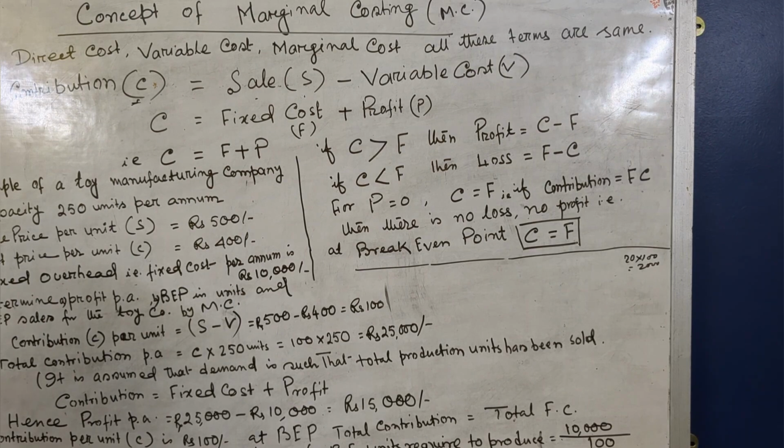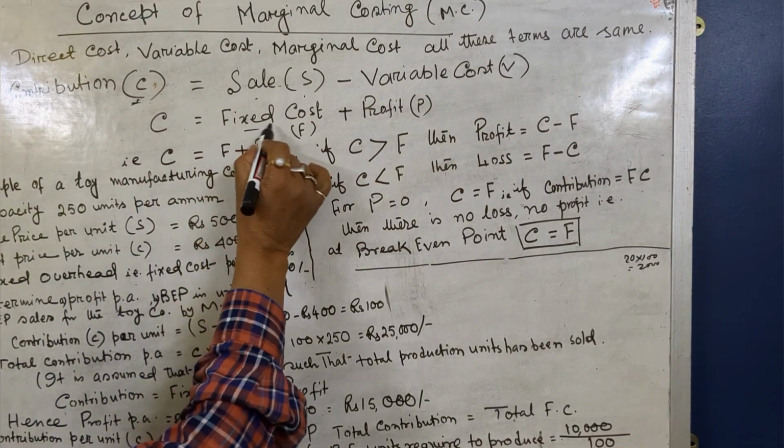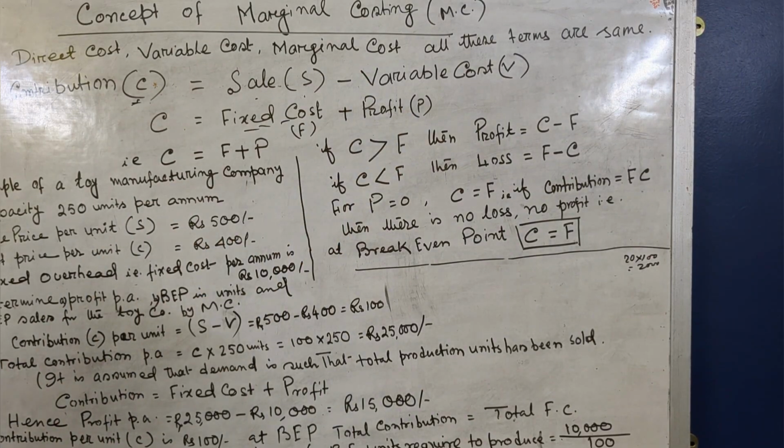Now, from that contribution amount which you have received with the help of the product, what do you have to spend further? You have to bear the fixed cost for the period, or you can say the fixed overhead cost, which I have already discussed, like rent, legal expenses, manager's salary, whatever it may be.